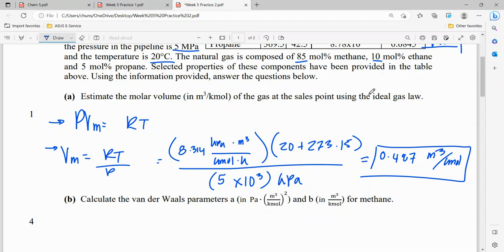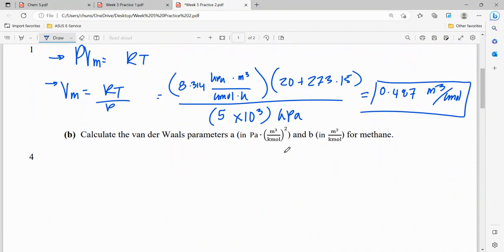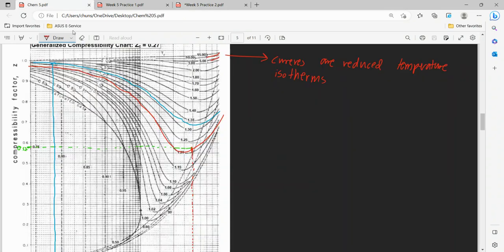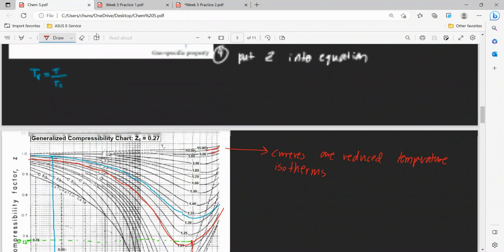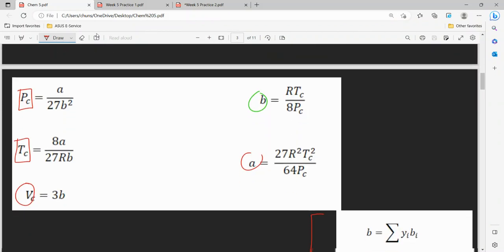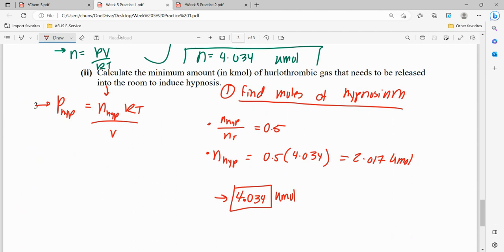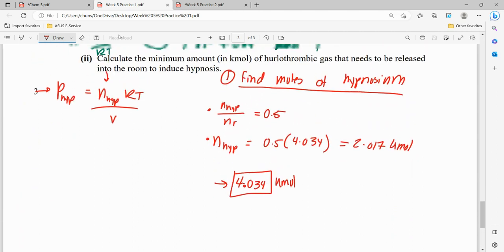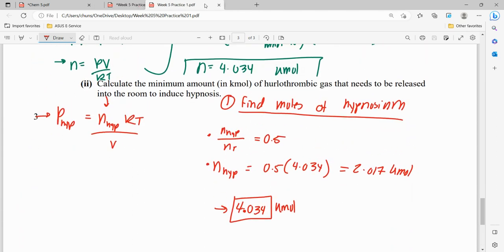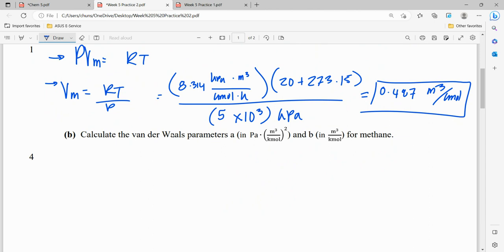Okay, and now we want to find our van der Waals parameters A and B for methane. We are given our formulas for finding A and B coefficients. We're given them right here. So let's use those to our advantage. Oh, sorry, we're done with this question now. We're over here.